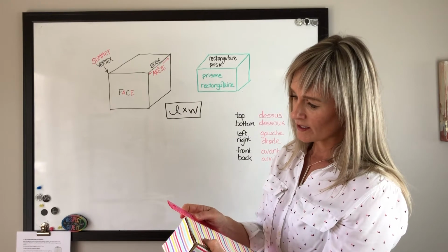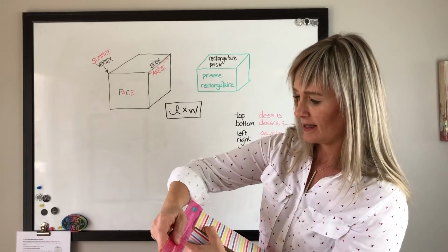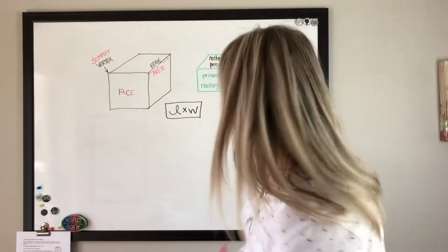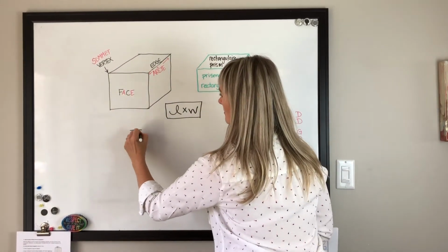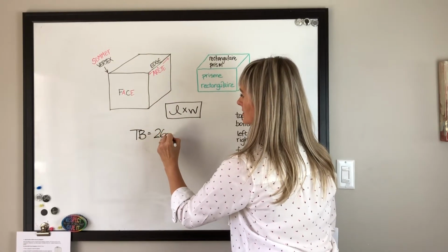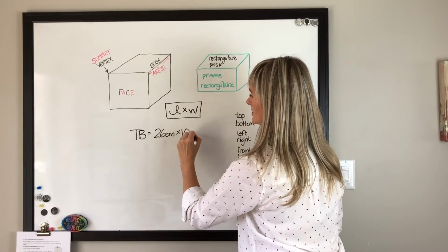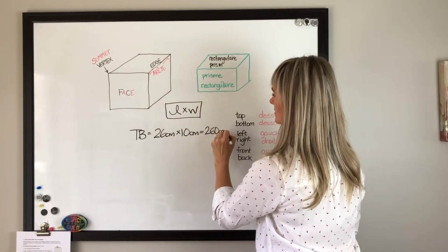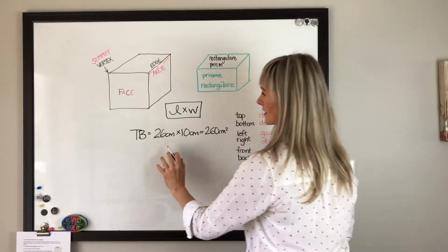We get 26 by 10. So our measurement for this guy, and I'm going to show you how to do it. So you want to say top bottom. The top bottom is going to be 26 centimeters by 10 centimeters for a total of 260 centimeters squared. That's our area.